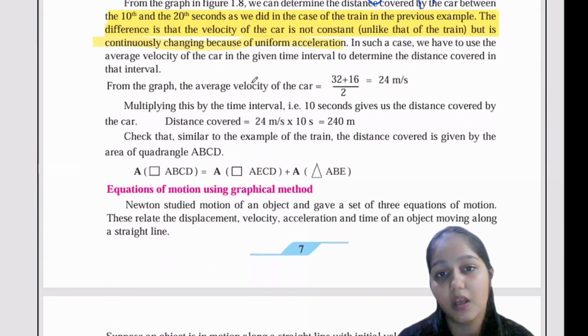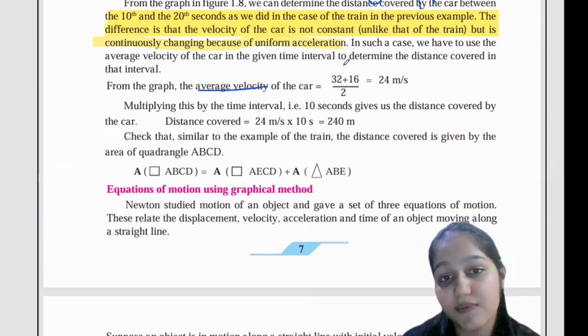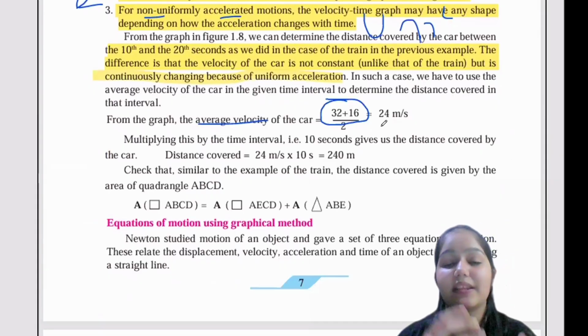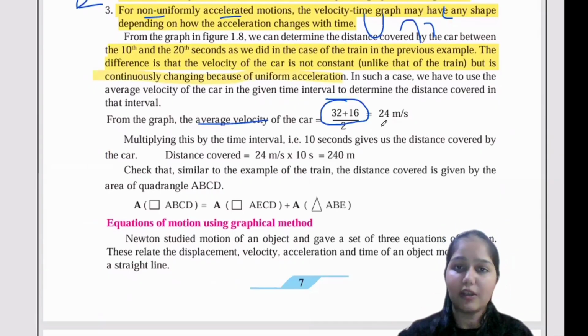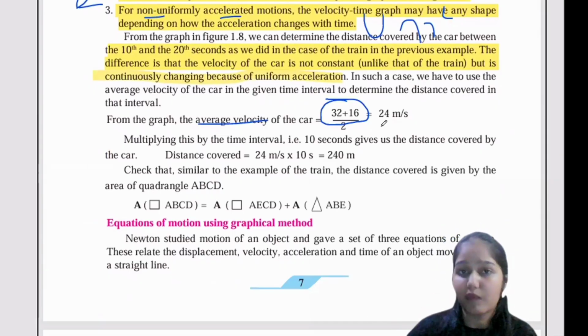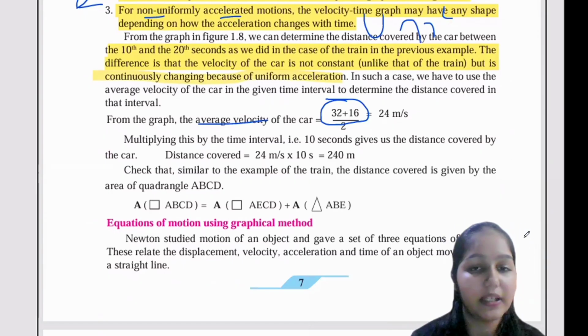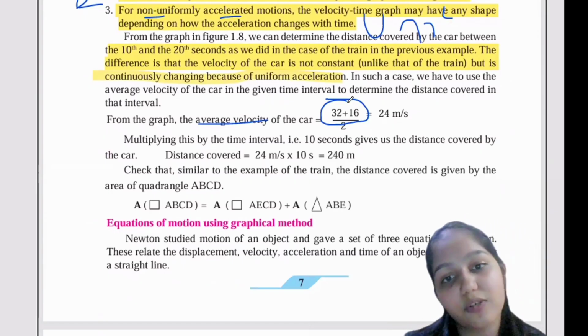They are taking the average velocity. Average velocity means what? They are adding up the velocity. How do we take an average? Any two values, three values, however many values there are, divide by the number of values. If there are 4 values, divide by 4. If there are 3 values, divide by 3. Same like that, if there are 2 values, divide by 2.